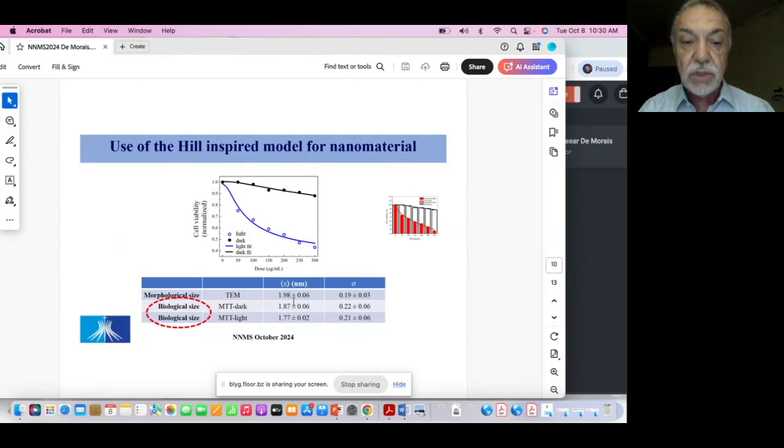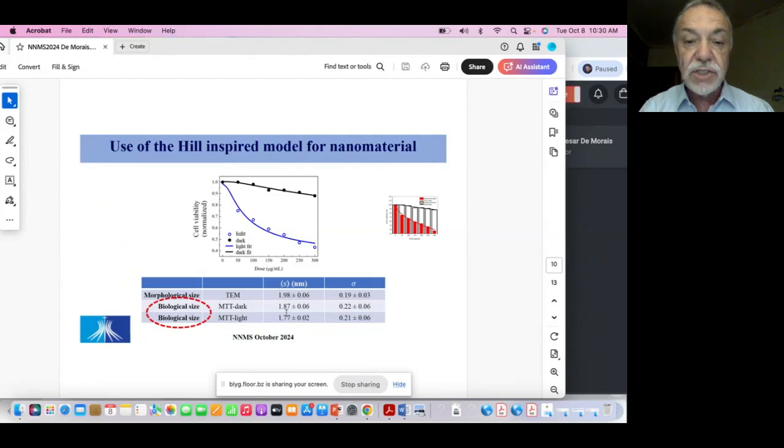And it's very interesting, although the mean sizes are roughly about the same, they show very interesting trends. The interesting trend is under dark, the mean size is a little bit lower than the physical size. So the cell sees the nanomaterial a little bit lower in size than the physical size of the nanomaterial.